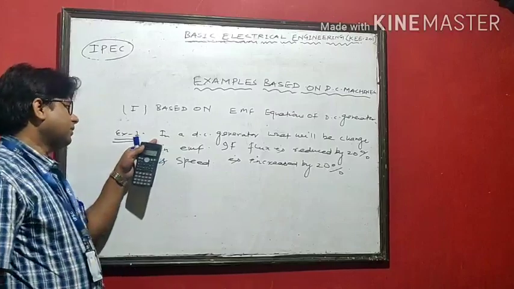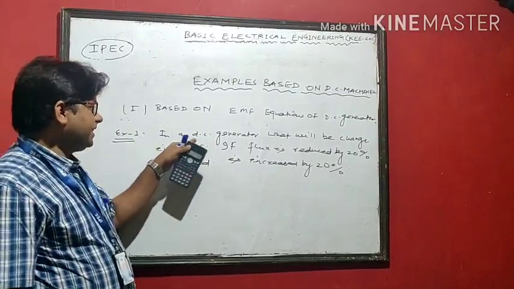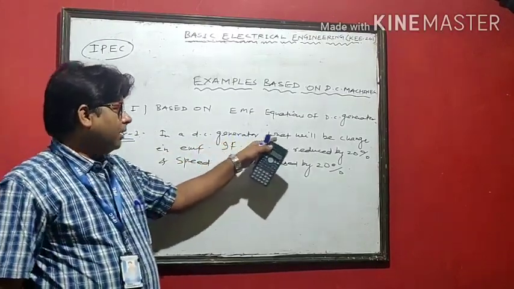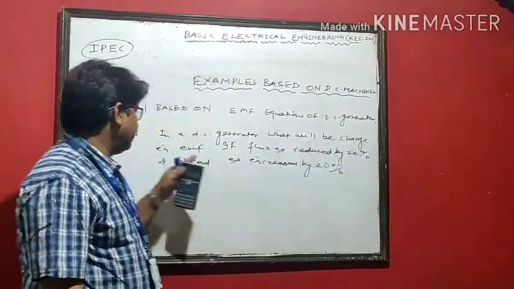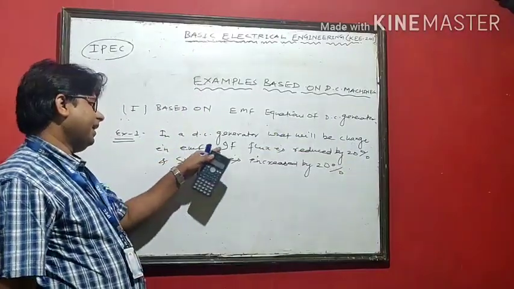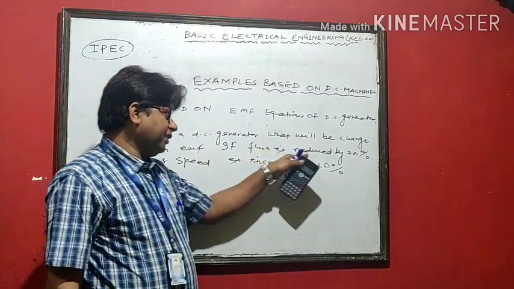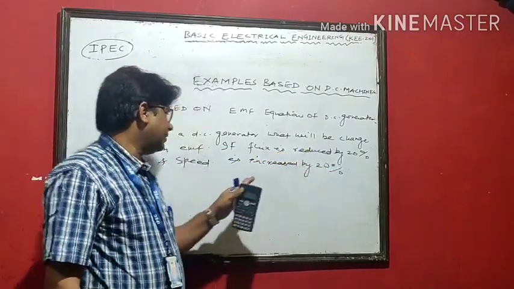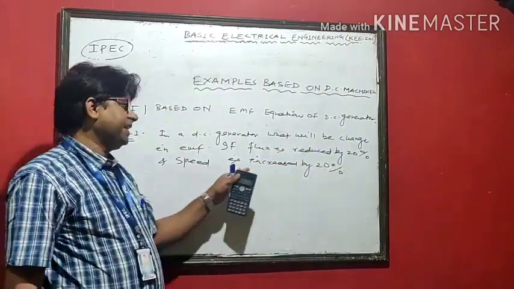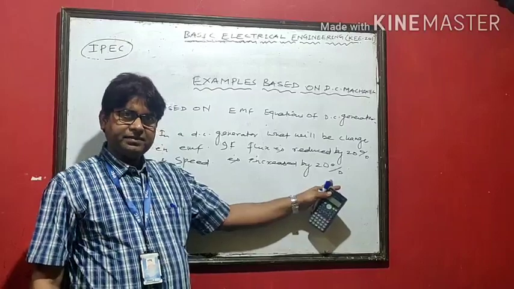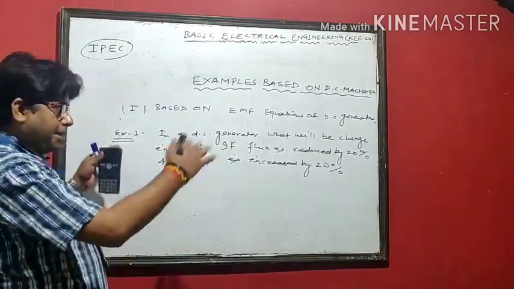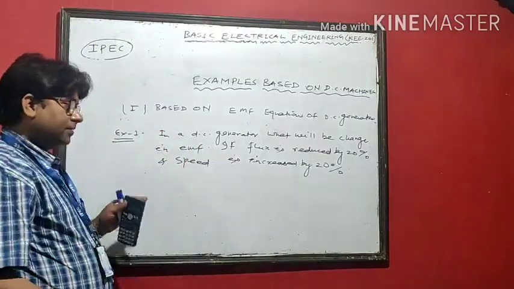Okay, repeat the question. Example one: in a DC generator, what will be the change in EMF if flux is reduced by 20% and speed is increased by 20%? That is a comparison of two machines.